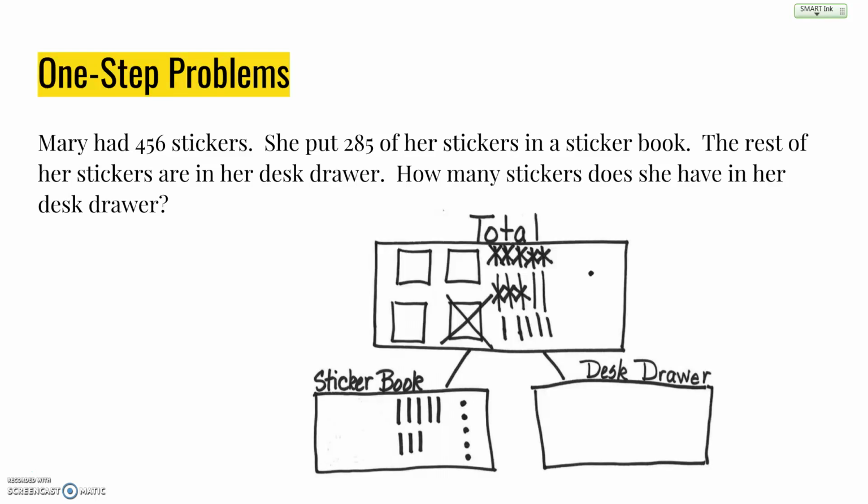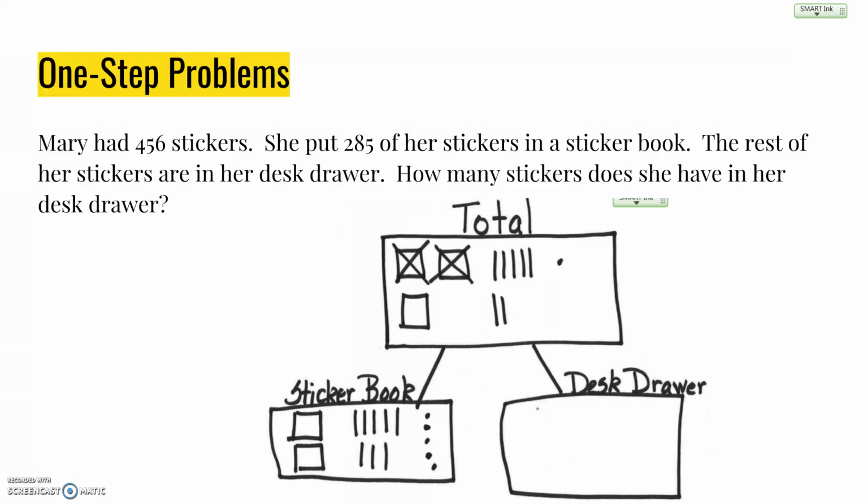So then we end up with 15 tens, and we cross 8 of them out and move them down into the sticker book. So now we were left with 3 hundreds, 7 tens after we took away those 8 tens, and 1 one. So now we put 5 ones down there, we put 8 tens down there.